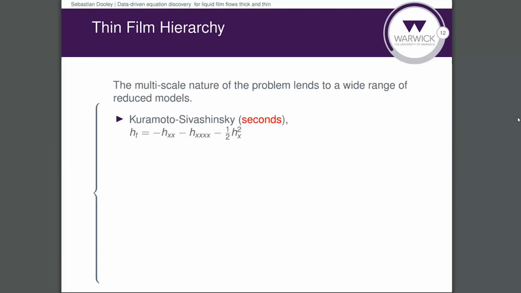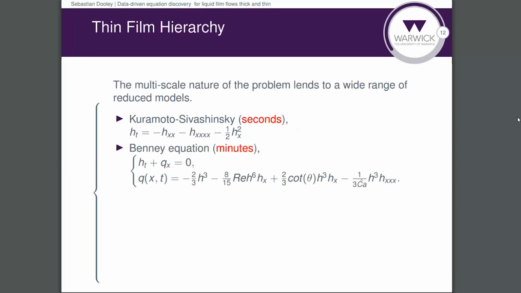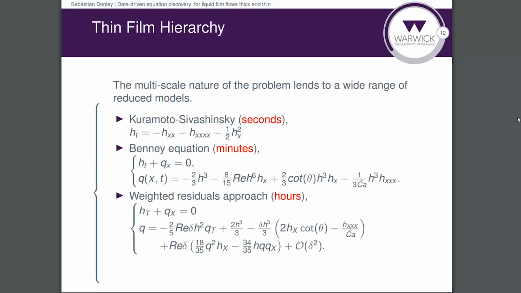From that quite simple model, people can do a lot of analytical work, you can do asymptotic analysis, and you can pull out all sorts of equations to try and describe it. And these equations, for example, KS, which we saw was recovered before, Benney, weighted residuals, can be quite long equations, and they can have quite different ranges of parameters for which they work. The Reynolds number here is basically proportional to the thickness of your fluid.